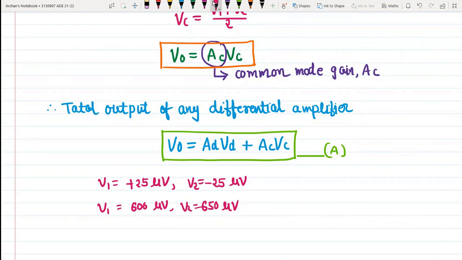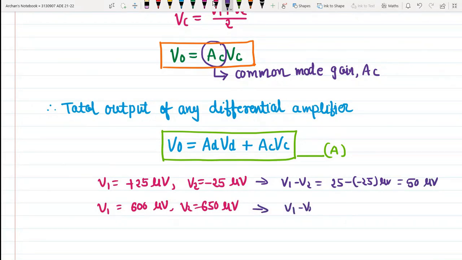Okay. See, in this case, if I talk about the difference between V1 and V2, what is V1 minus V2? 25 minus (minus 25) microvolt, that becomes 50 microvolt. And here the difference V1 minus V2 is equal to 600 minus 650 microvolt.